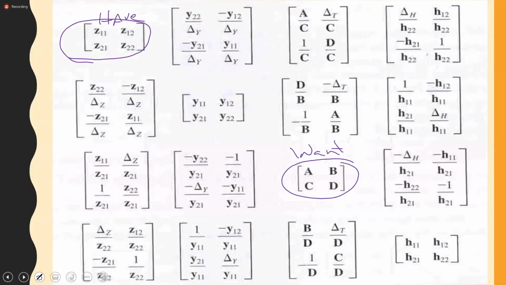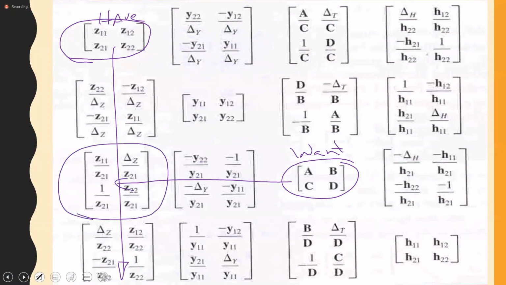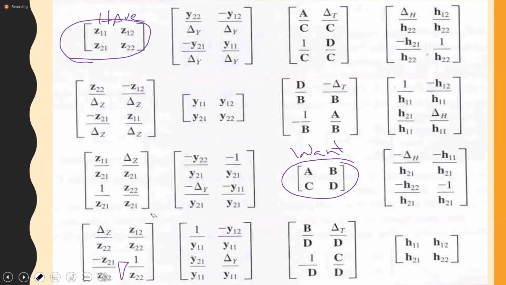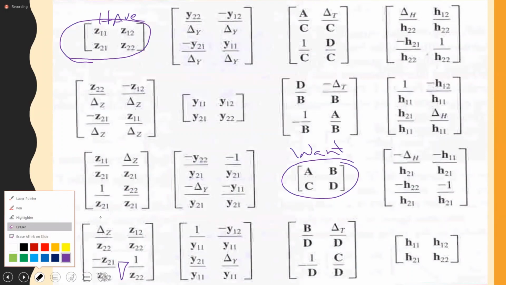What you have, you move vertically. What you want, you move horizontally. And where they intersect, that's the matrix you're interested in. So if I'm going to convert my impedance parameters to my transmission parameters, then I will use this matrix.